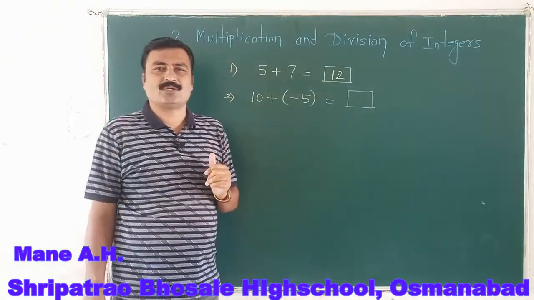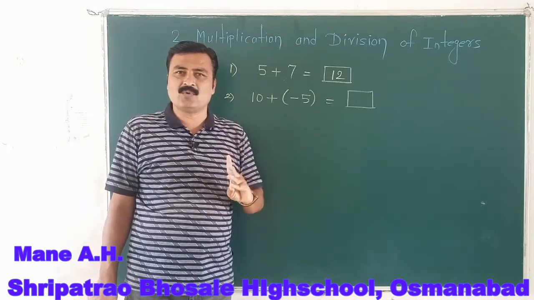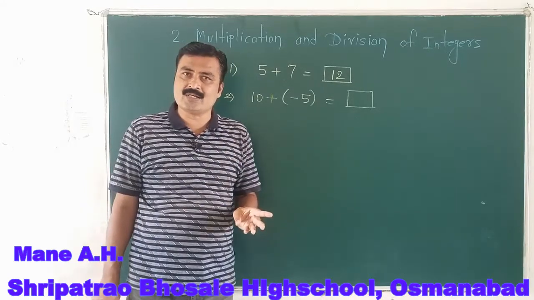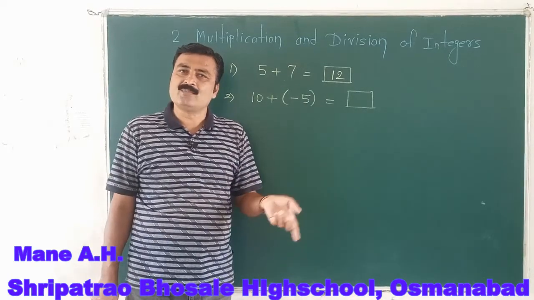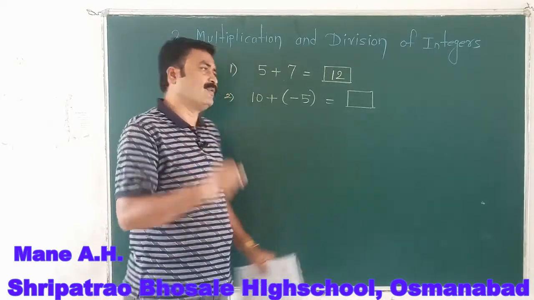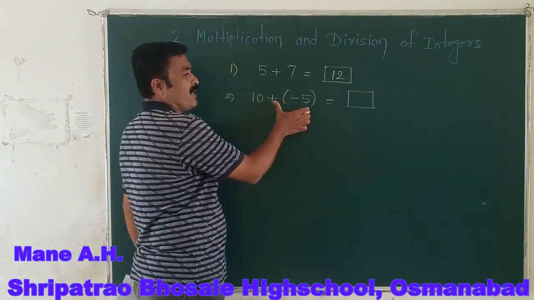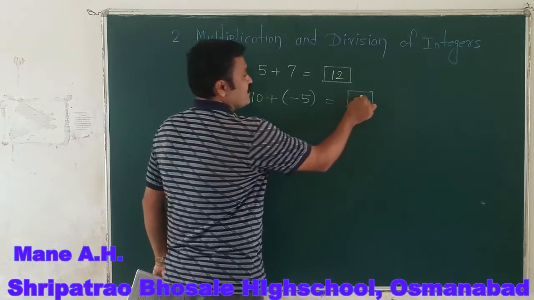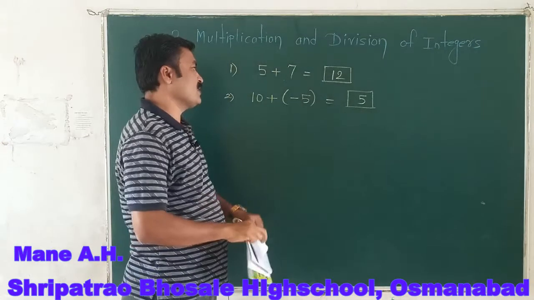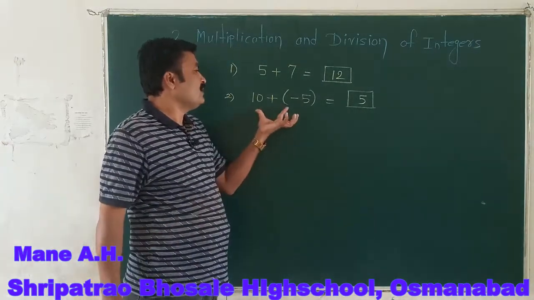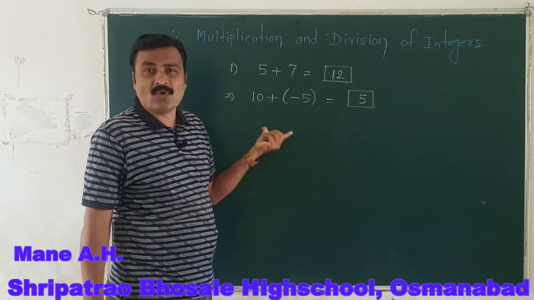So we learned that when we add one positive and one negative integer, first we take the difference between their magnitudes and then put the sign there. So first we take the difference of 10 and 5, these two magnitudes, so the difference comes as 5. Now the important step: between these two integers, we have to observe clearly which integer has more magnitude.